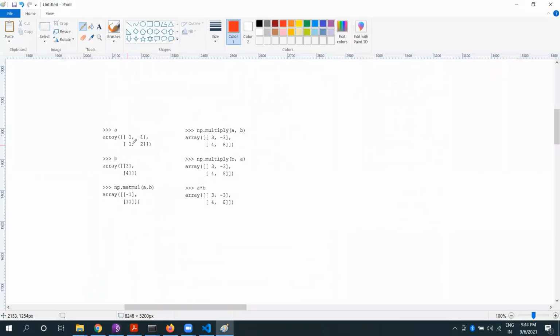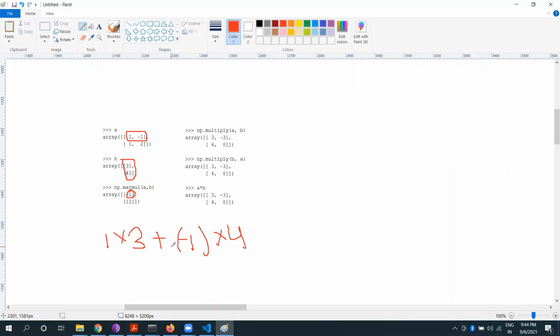Okay, I'll just brief you again. When we are doing matrix multiplication, such as A and B, these two elements will be multiplied by these, and we get this. Shall we check? 1 times 3 plus -1 times 4.